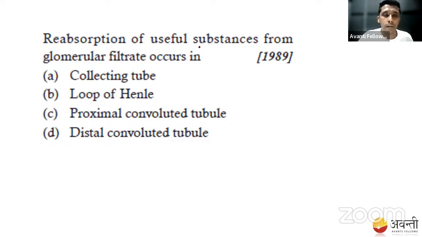Remember this: whenever it comes to reabsorption, around 80% of the filtrate that is formed is reabsorbed in the proximal convoluted tubule. The reason is its brush border epithelium, which increases the surface area for all the important substances, such as electrolytes. So our option is C.